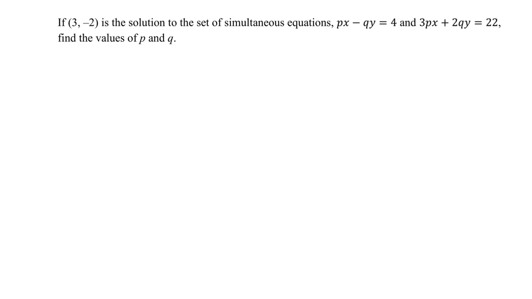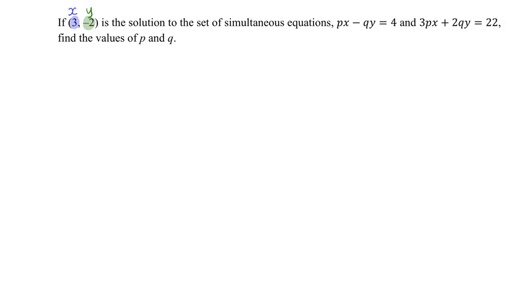That's where this becomes pretty important, since they tell me that 3, which is an x value, and -2, which is a y value, is a solution to this pair of equations.